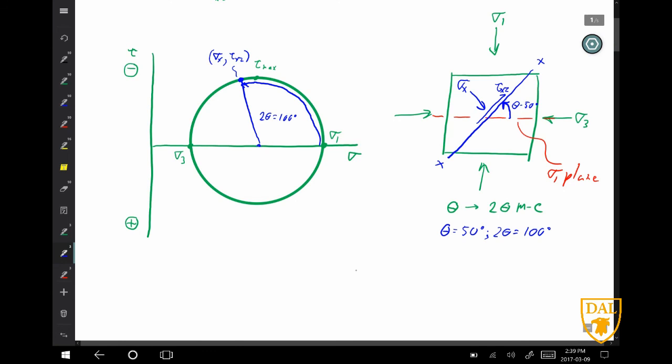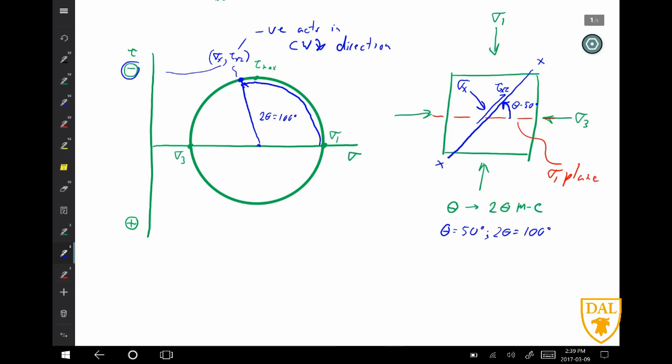And you can see that tau is going to be a negative value, meaning that it acts in a clockwise direction, or tends to induce clockwise movement in the stress block.